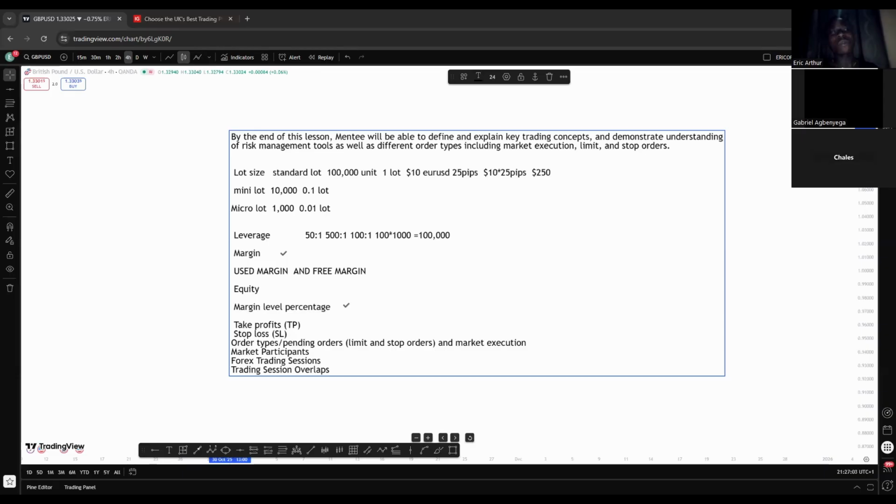You can use that huge leverage. Someone like me, I use high leverage, but it doesn't necessarily mean I'm going to use a high lot size to grow my account. No, I still use small lot sizes. I'd rather scale in small. As we go on, we will know what scaling is. You get it?